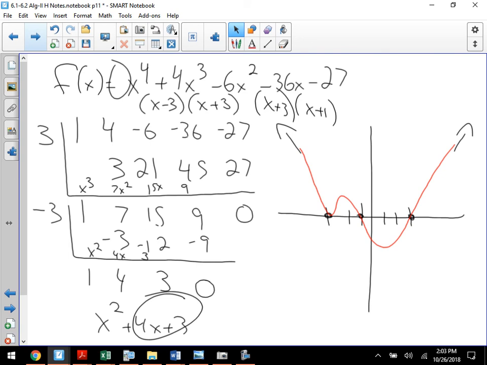Okay. It's pretty close, isn't it? Obviously, my y-intercept is a little off, but there's a lot of reasons why that happens.